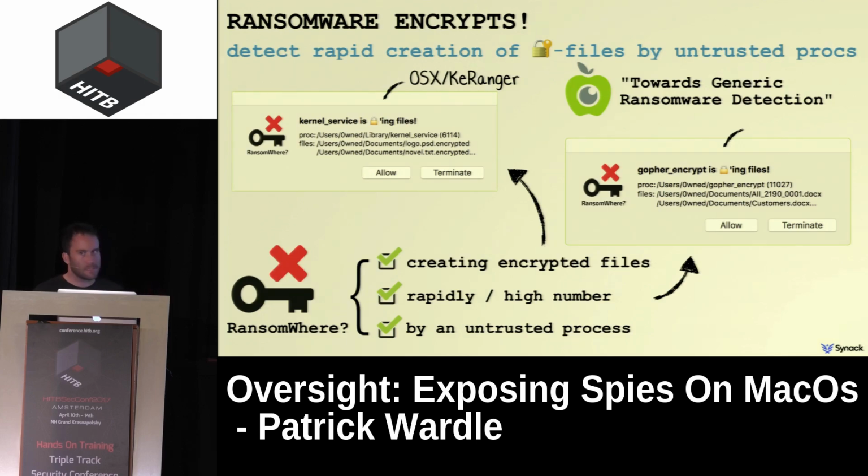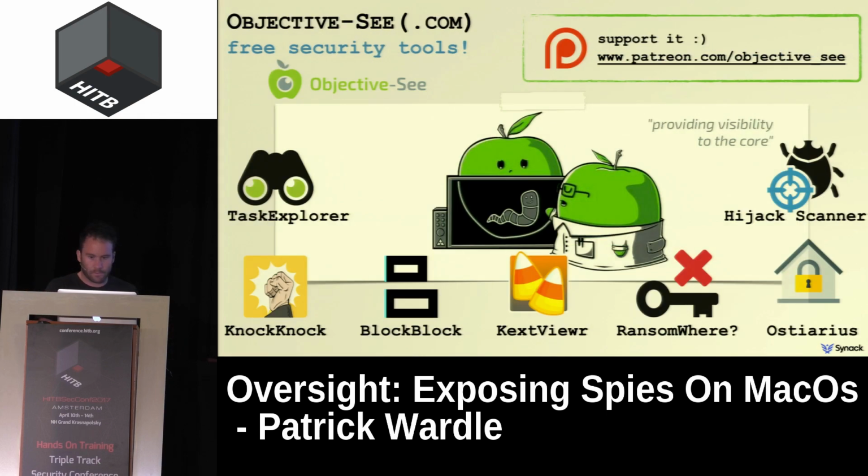And anytime it sees this, it just pops up and says, hey, this process has created 2 or 3 encrypted files, are you cool with this? And yes, some users will click yes, but hopefully, some users will click no. So again, this is able to generically detect all known versions of Mac ransomware, because it's not trying to detect the malware per se, but the behavior of it.